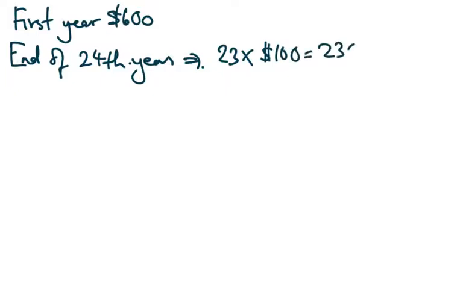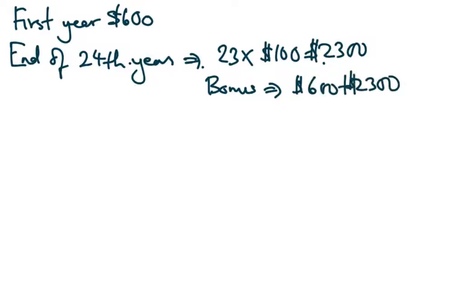So that is $2,300. Every year an increase of $100 will give $2,300 by end of 23 years of service, but by then she has worked for 24 years. So by end of 24 years she will be getting a bonus of $600 plus $2,300, which is $2,900.